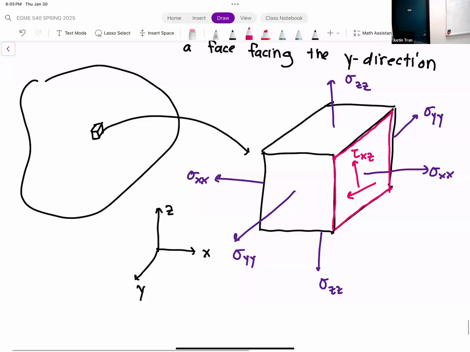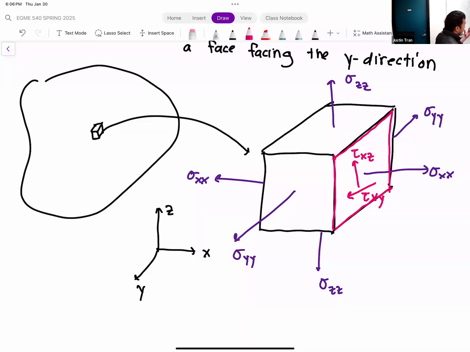So we also have a shear stress in this direction, and that's going to be tau xy. For the shear stresses, it gets a little bit complicated because they have to be parallel to a surface, and each surface can have two components that are parallel to that surface. That's why there are so many components of the shear stress, and it gets a little bit confusing explaining it as well, but hopefully this makes it a bit more clear.